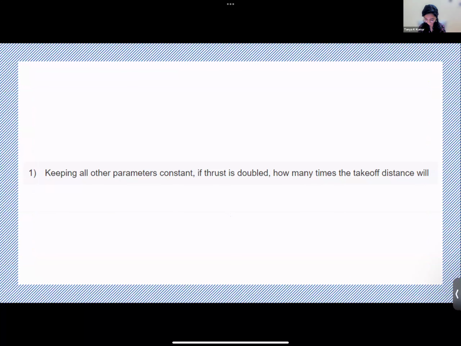The formula we had derived was S takeoff equals 1.44 W by S over rho g CL max, inversely proportional to T. Yes, you're right.